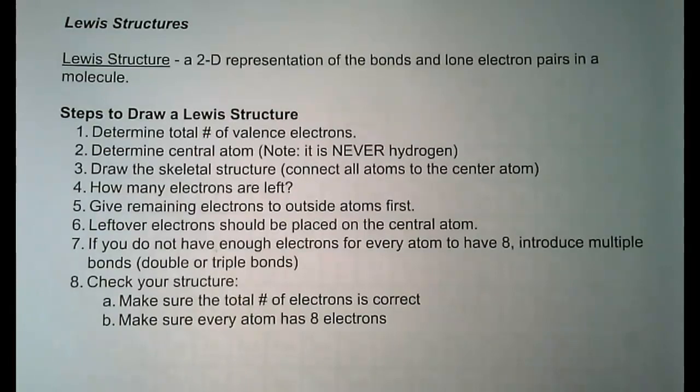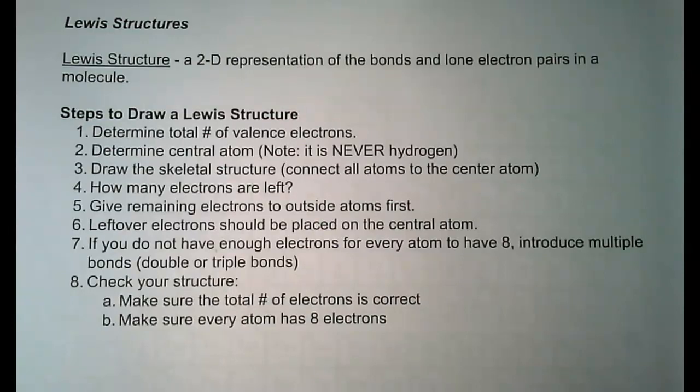Then we take those leftover electrons and we place them on the central atom. So hopefully we can get both the outer atoms and the central atoms to have 8 electrons. But sometimes, step number 7, if we don't have enough electrons left to give the central atom 8 electrons, this is when we have to introduce multiple bonds.